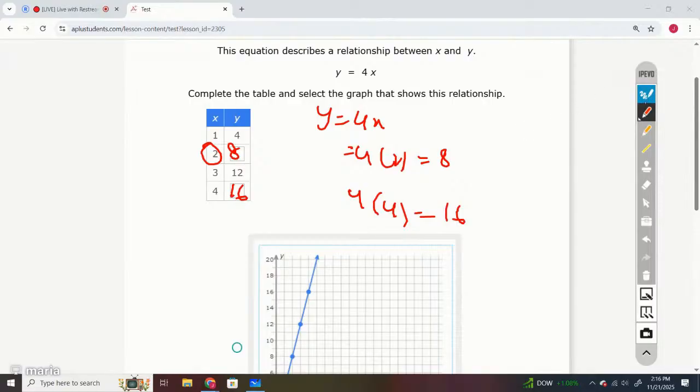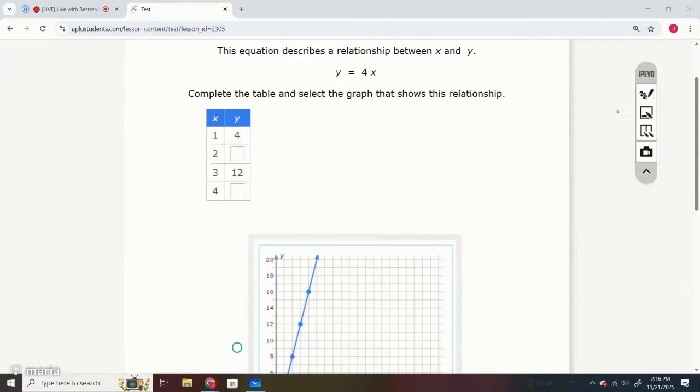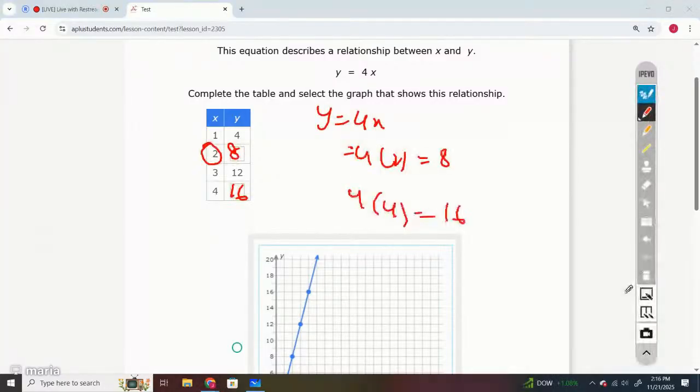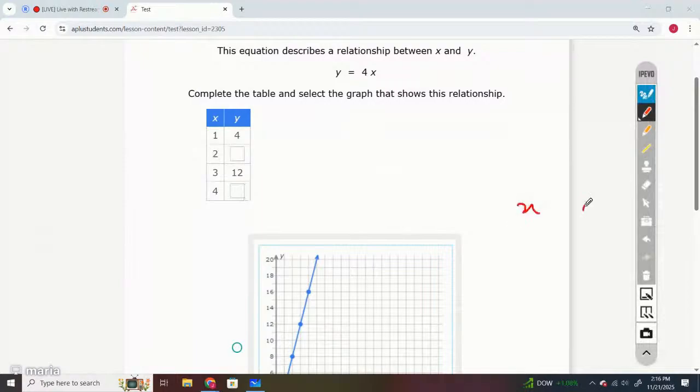Now look at the 1, 4, 3, 12, 4, 16, right? Here it is.